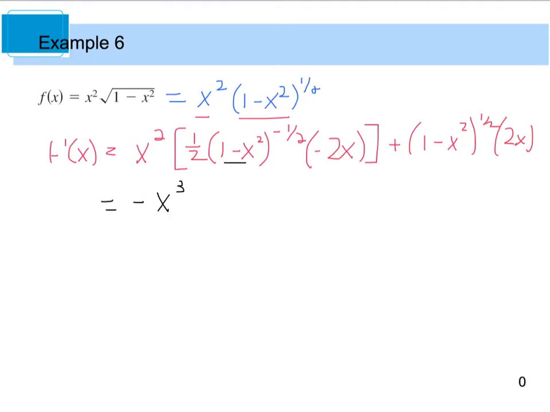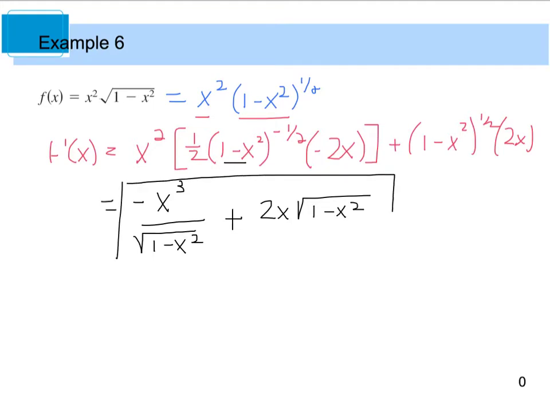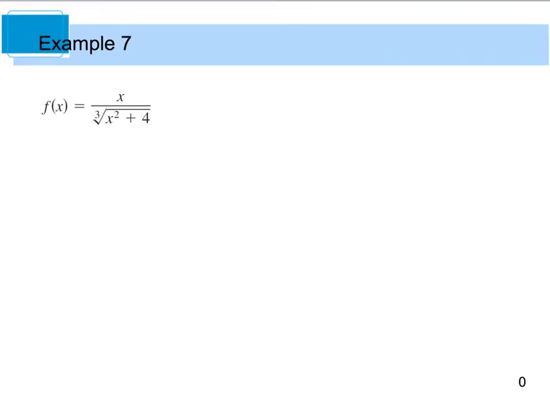This piece here is going to go to the denominator because it has a negative exponent, and this is really the square root of 1 minus x squared. And then I'm going to add 2x times the square root of 1 minus x squared. So this here would be my simplified derivative. You could go ahead and rationalize and get common denominators, but you can leave it like this for now.